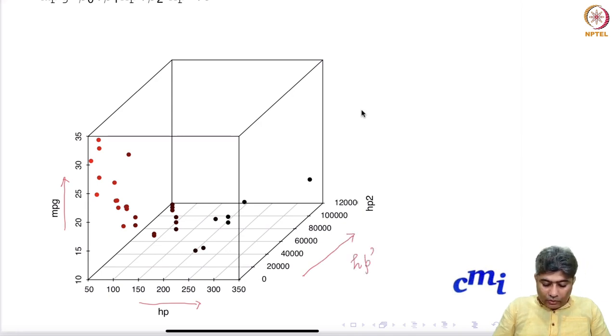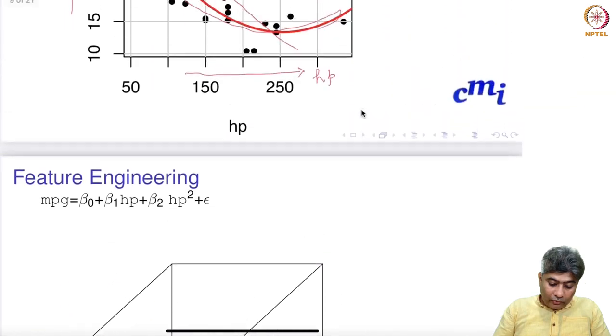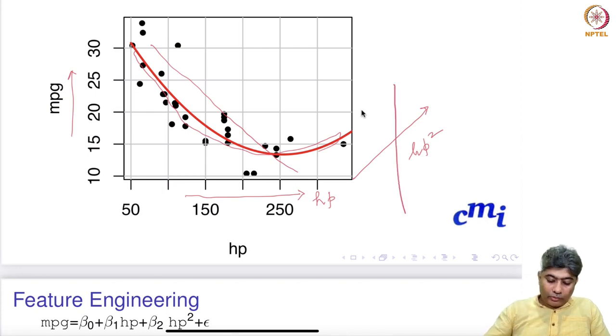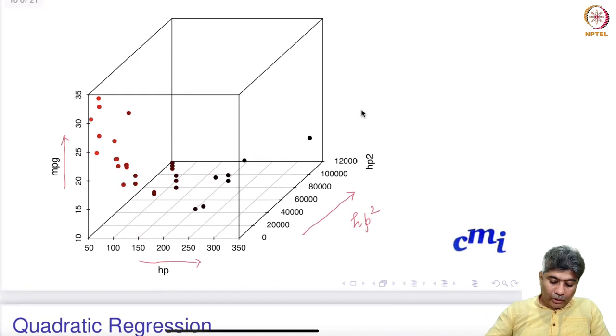So we are creating a third dimension. Our original data was in two dimensions, and by creating a third dimension, horsepower square, we are putting the two-dimensional data into the third dimension.